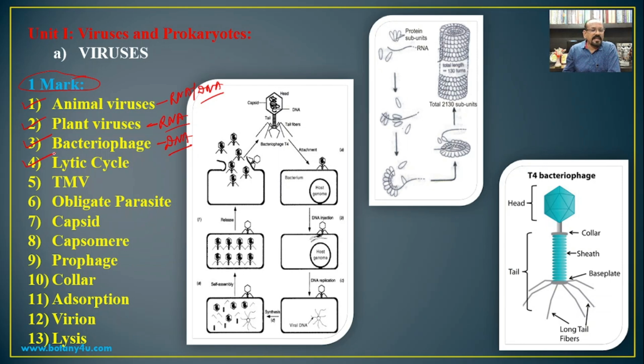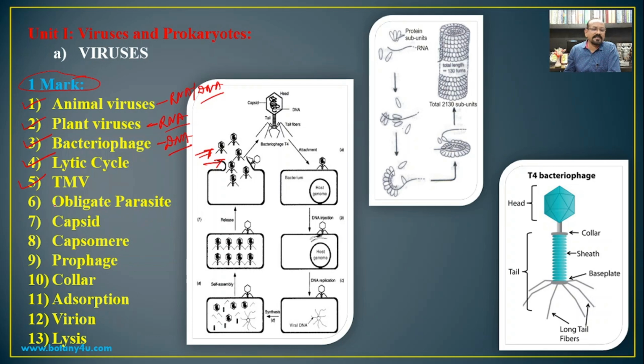Then lytic cycle. In such a 1 mark question, you have to provide the meaning of the lytic cycle: after the formation of the assembly by the T4 bacteriophages inside the bacteria, they lyse or digest the cell wall and plasma membrane to release the assembly. Then TMV, the tobacco mosaic virus, which is an RNA virus and causes the mosaic disease on the tobacco plant.